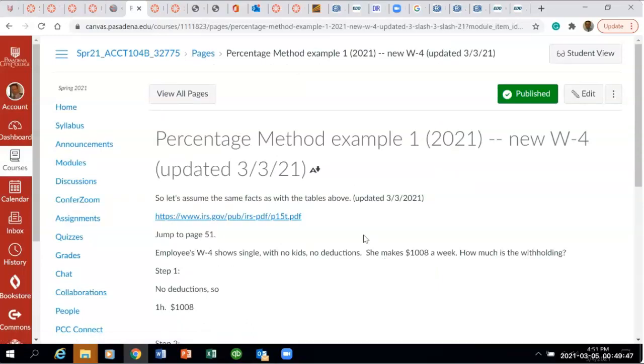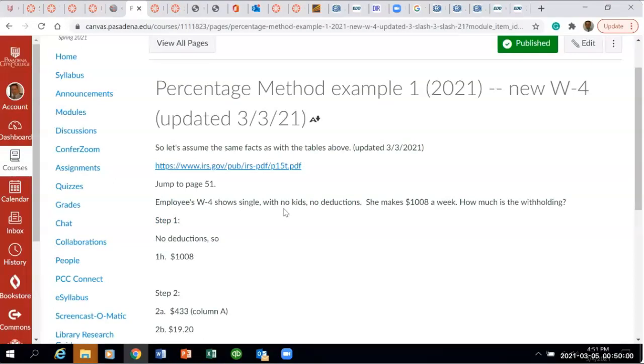So what do you do? Again, you go to publication 15, but because it's a new W-4, it says jump to page 51. And this is a single again, has no kids, no dependent.